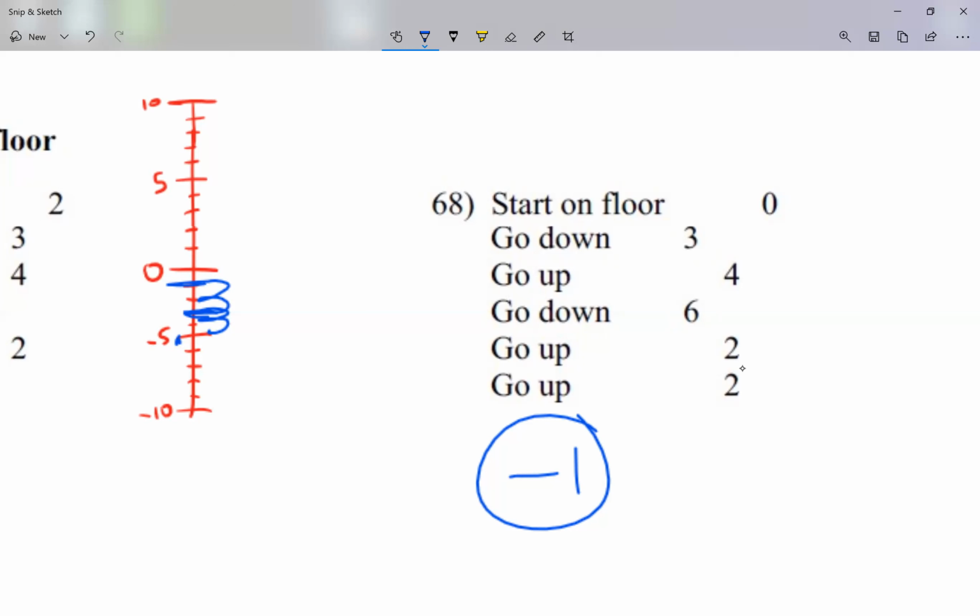So 435, I subtract 70. 435 minus 70 gives me 365. 365 plus 20 gives me 385, minus 110. 385 minus 110 gives me 275, minus 200. That gives me 75. And then plus 20, I finish with $95.